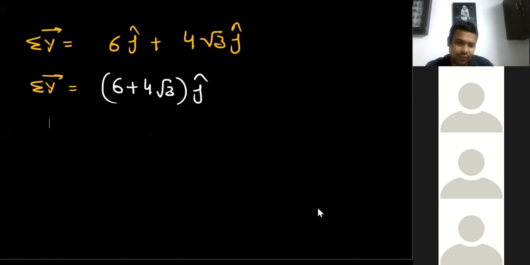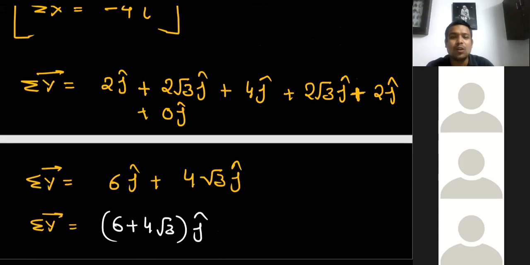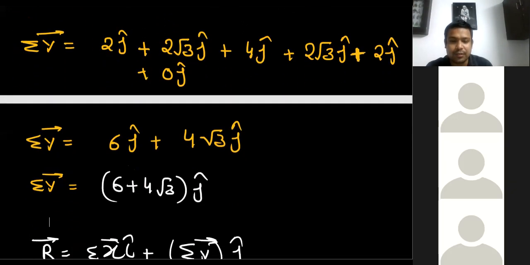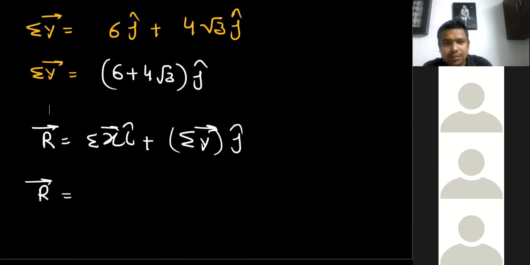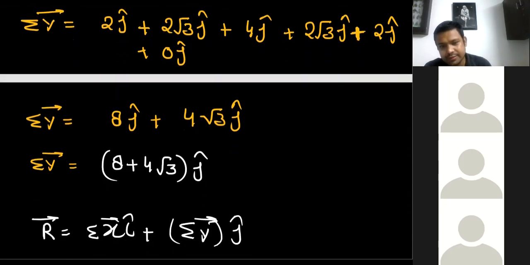Now the vector R is the summation of X I cap plus the summation of Y J cap.